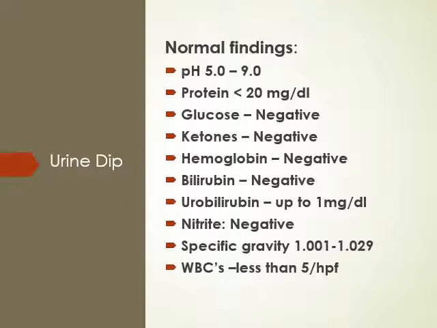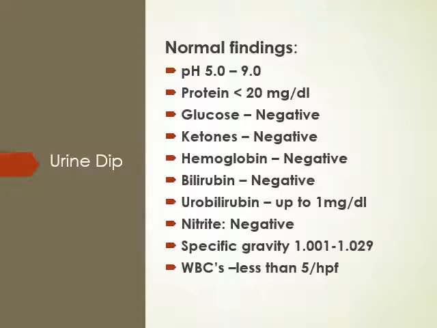Here's your normal findings. Note there is a wider range of pH for urine than that of the blood. pH 5 to 9, protein less than 20, glucose and ketones, hemoglobin, which is the blood, bilirubin. There should be none in the urine. Urobili might be a little bit.